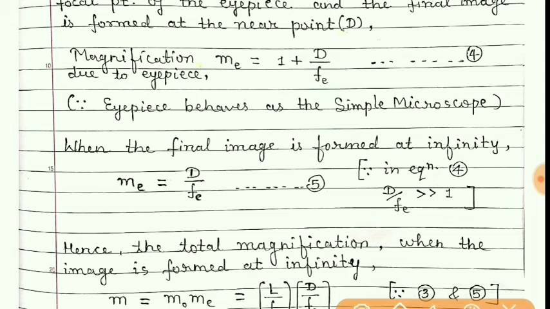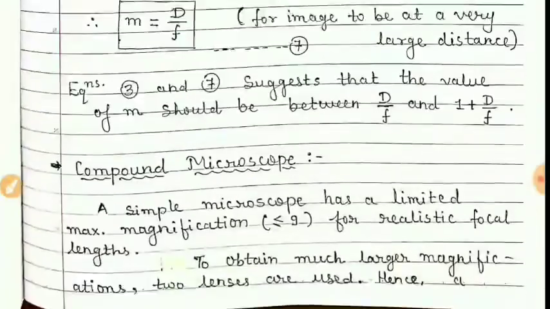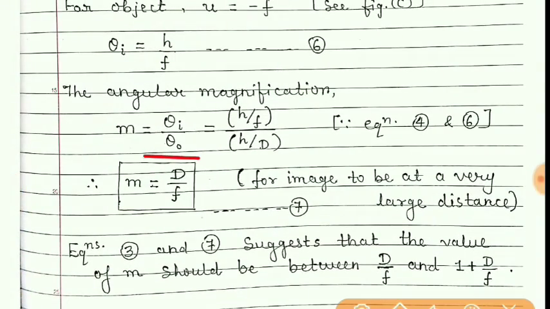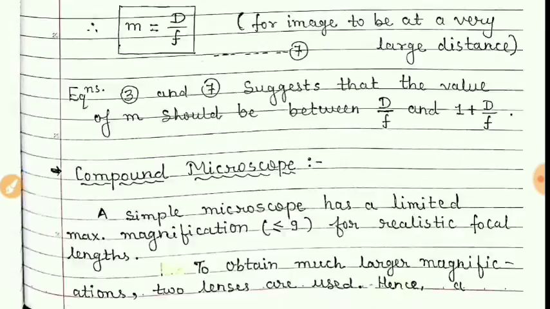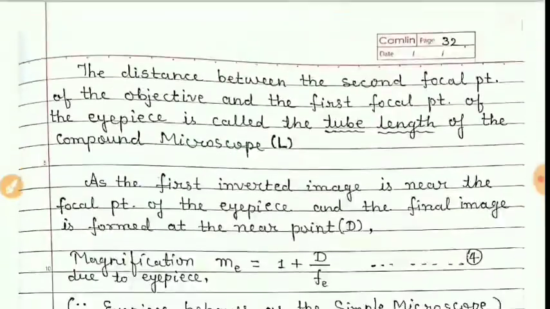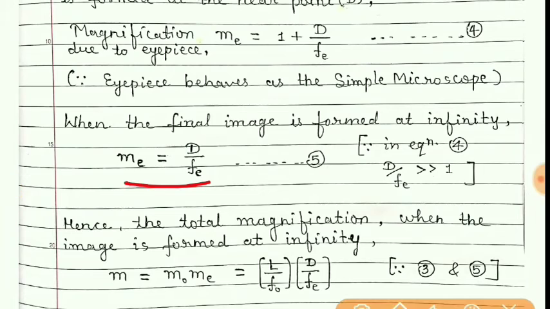So if we neglect this one, what remains? D upon FE. This condition also we have studied in that simple microscope. You can see here, when the image is at a very large distance, that is at infinity, magnification is D by F. So we have written that case here. So magnification of the eyepiece is D upon FE.